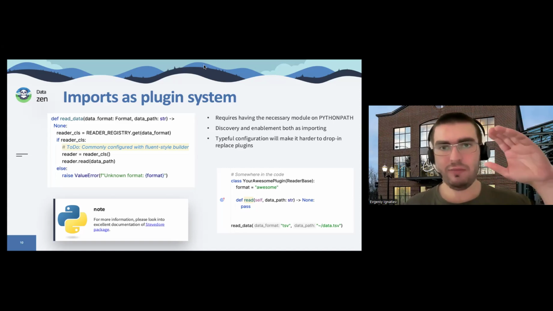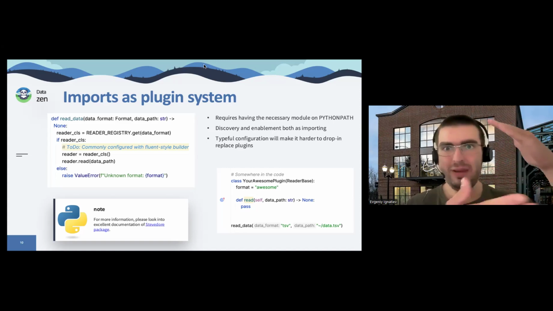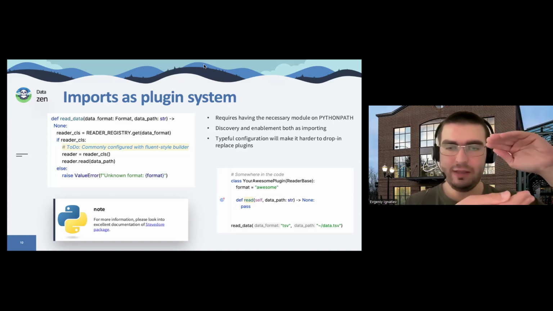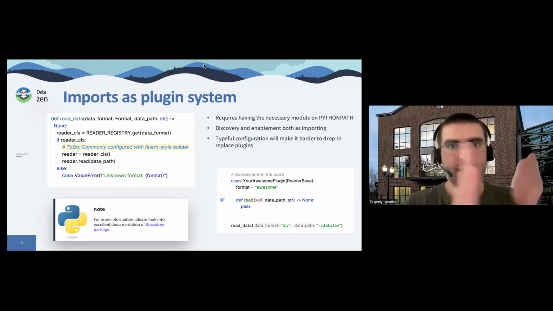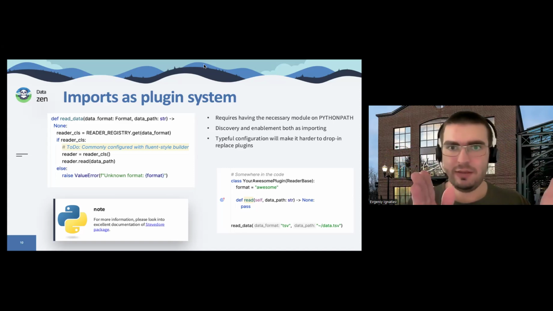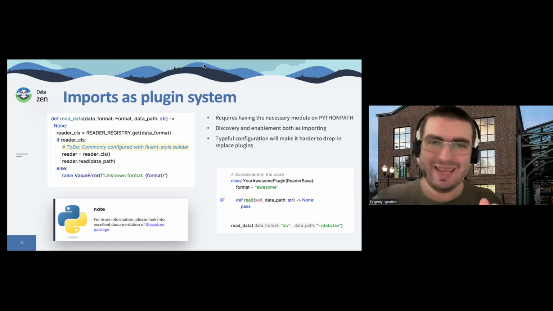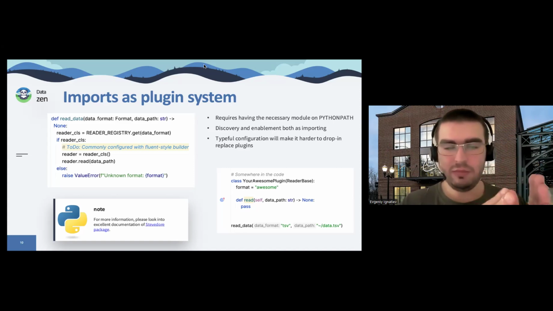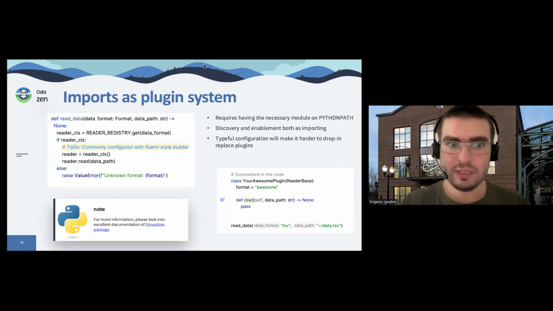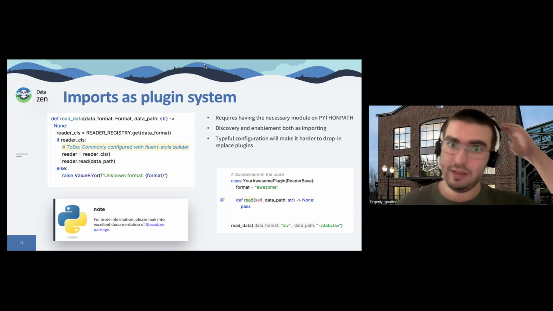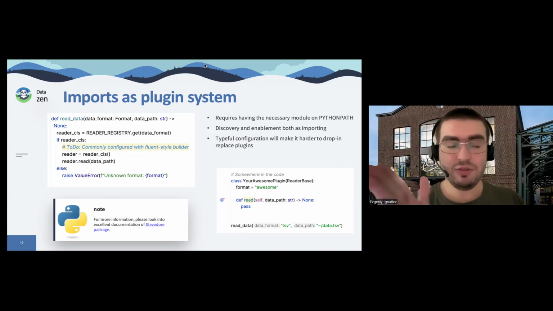In a small project where you have one repository or a couple of repositories, it is manageable by a single team. You will never run into problems with this imports as plugin system. If you have multiple teams and multiple projects, especially products, then it is better not to use this approach. And of course, you can consider a monorepository, and it is always a valuable possible solution.